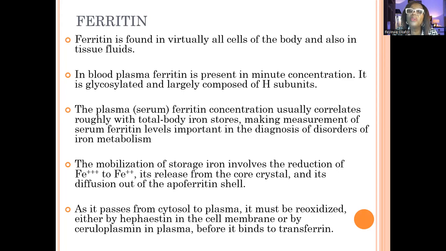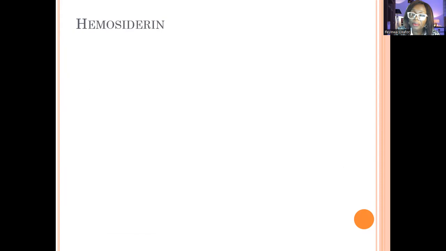The proteins that do this are hephaestin, which is found in the duodenal enterocytes, ceruloplasmin, which can be found in plasma, and zyklopen, found in the placenta. These proteins help in converting iron from ferrous iron back to ferric iron for it to now be attached to transferrin for transport.